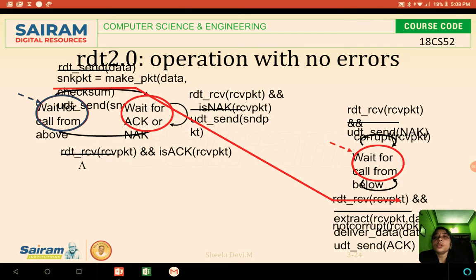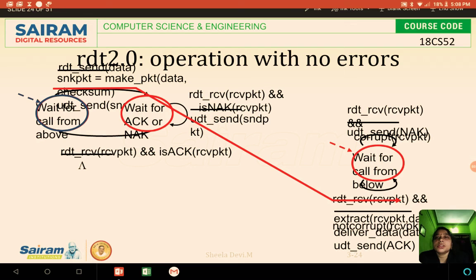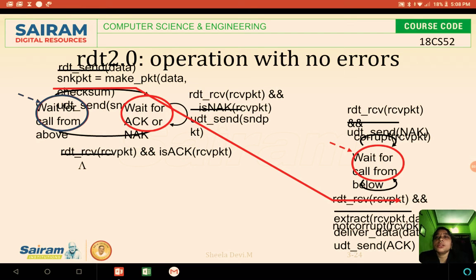One more parameter is added here, as we are seeing: checksum, in make_pkt(data, checksum). What is the use of this checksum? It helps to detect the error. The checksum is added as one more parameter in creating the packet. The sender finds the checksum value of the data and attaches it along with the data.